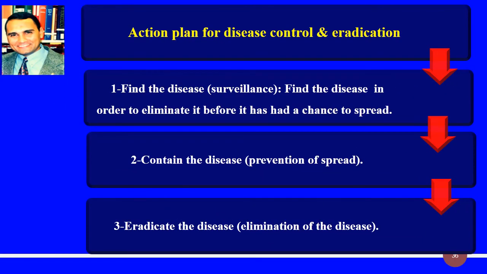These are the steps of the action plan for disease control and eradication. Number one, find the disease through surveillance. Find the disease in order to eliminate it before it has had a chance to spread. Number two, contain the disease, prevention of spread.